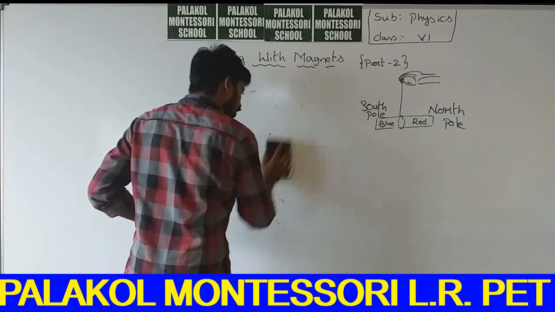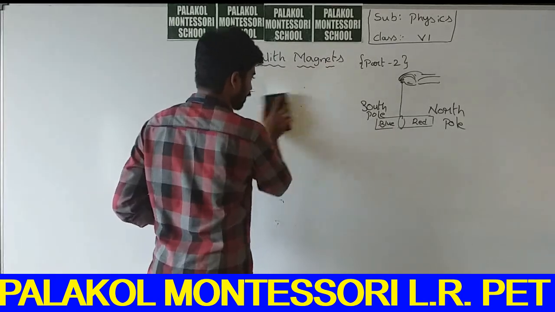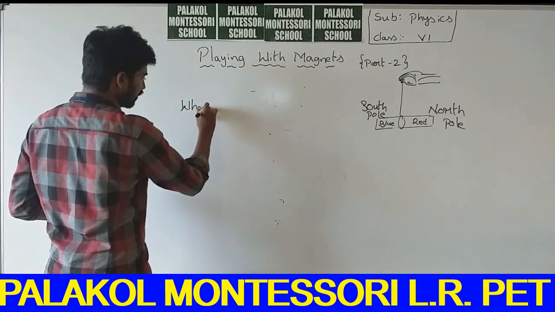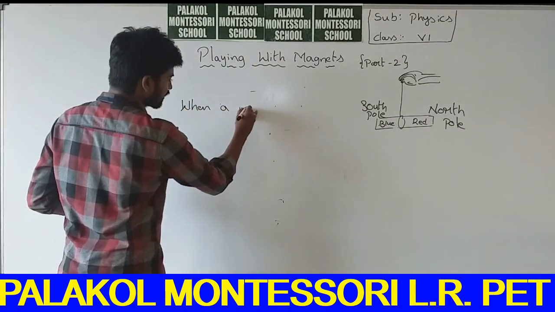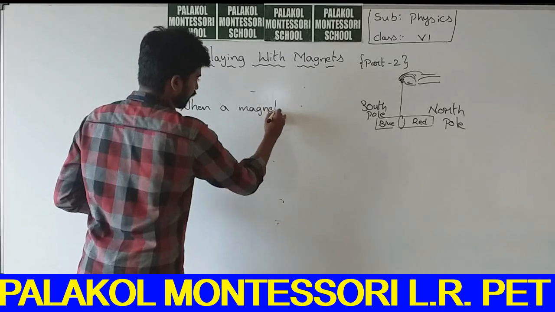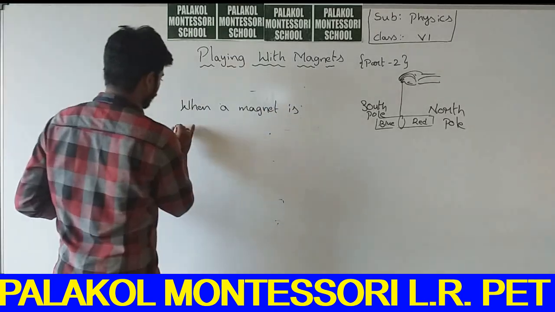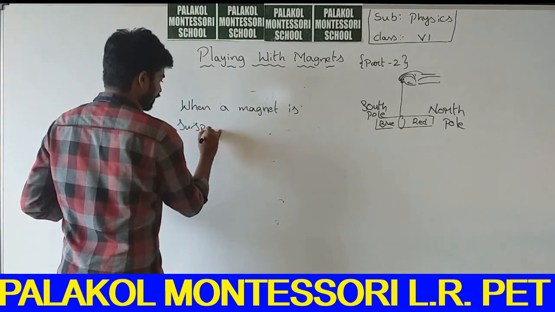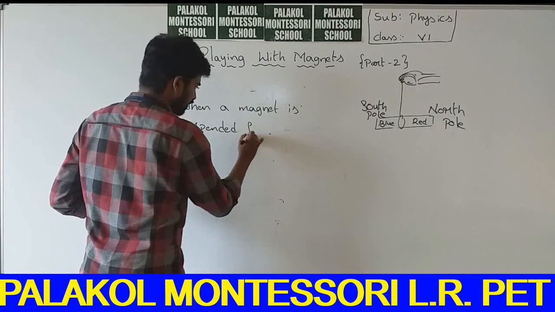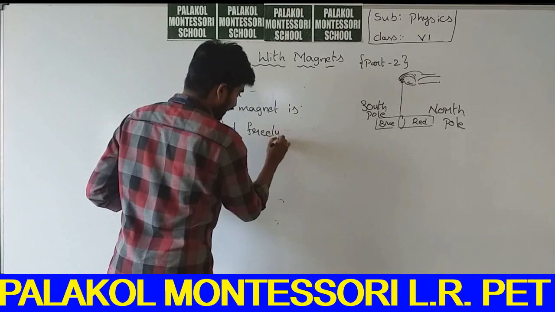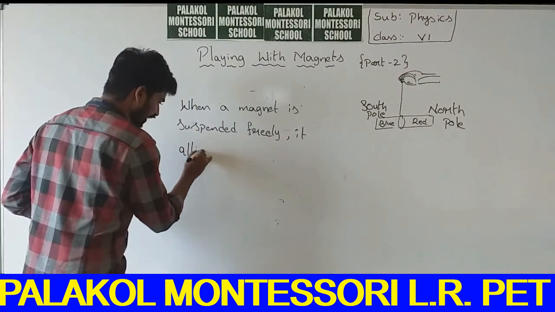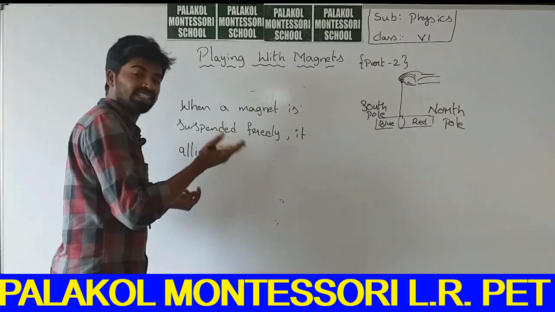So here what you have observed is, when a magnet is suspended freely, it aligns, which means it arranges itself.